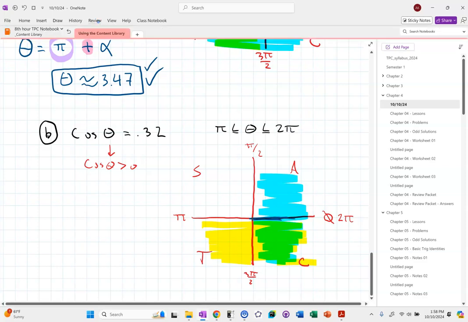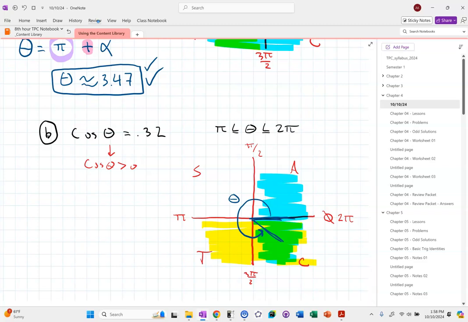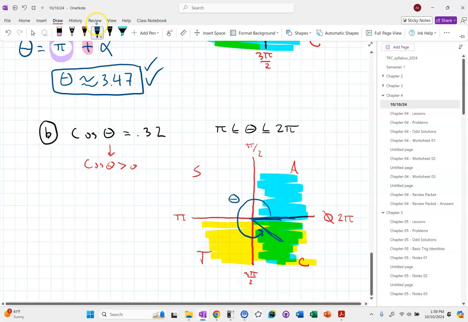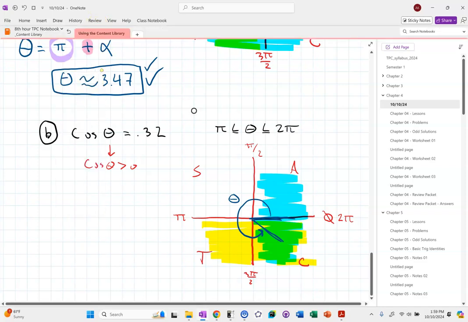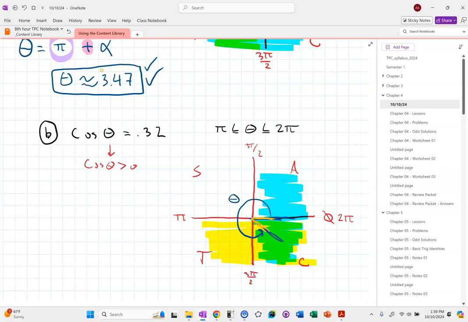So my value for theta has to be in quadrant 4. So far, so good. Now I'm going to draw in my alpha. Remember, alpha is always between the x-axis and the terminal side. So there's my alpha.